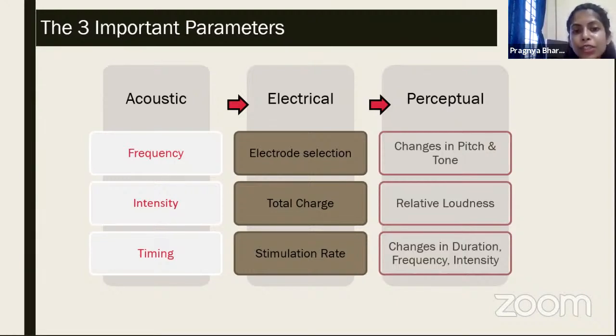And the timing information is best conveyed when we use a high rate of stimulation. When we use a faster rate of stimulation, we are able to detect the minute changes in the stimulus characteristics over time, and that gives us the information about temporal characteristics of the sound.